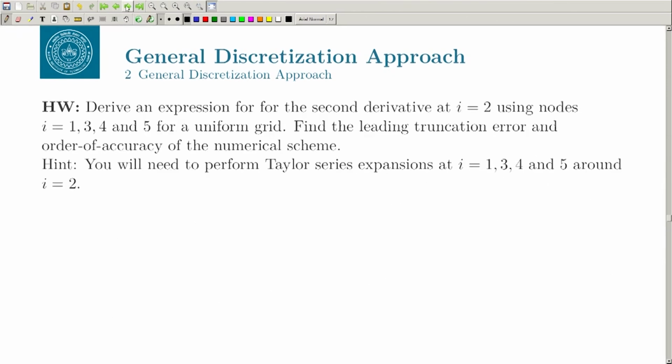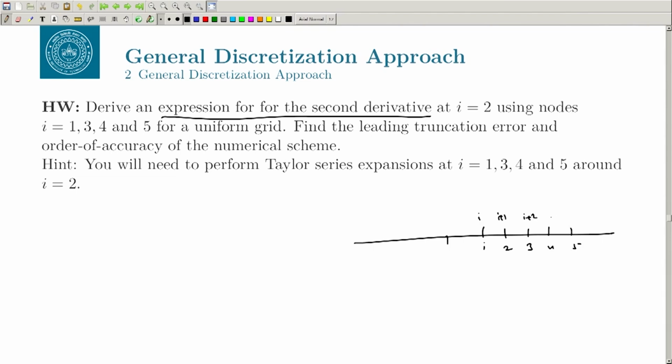Similarly, there is one more homework I want to give you, please go back and work this out. So, here what we want to do, derive an expression for the second derivative at I equal to 2. So, here this is I equal to 1, 2, 3, okay, 4, 5 and so on and so forth, right. Or you can write I plus 1, I plus 2, I plus 3 and I plus 4, okay.